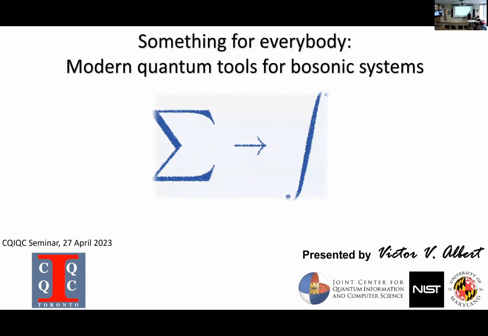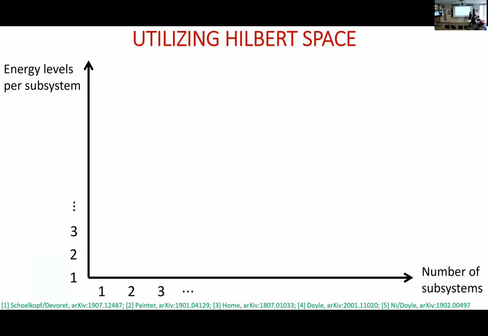Thanks, everybody. So I'd like to talk today about how to utilize more of the Hilbert space that's available in experimental platforms. The way I see any sort of quantum system is as follows. You can divide it into a number of subsystems that are in tensor product with each other.